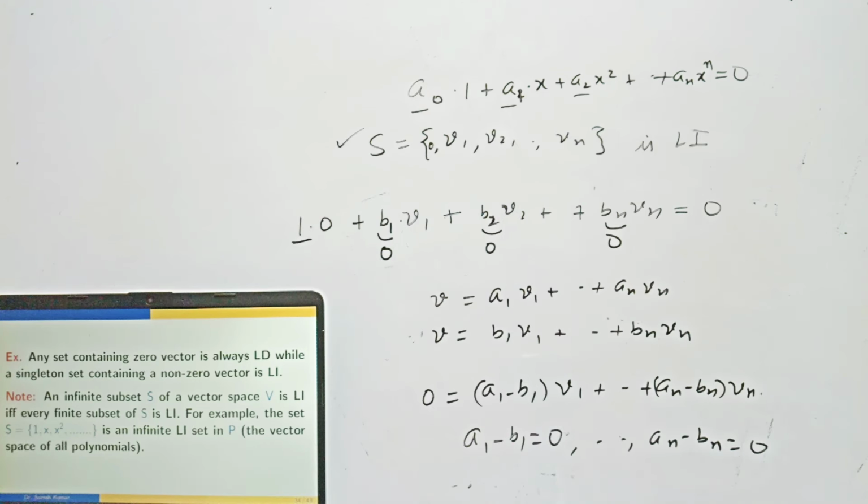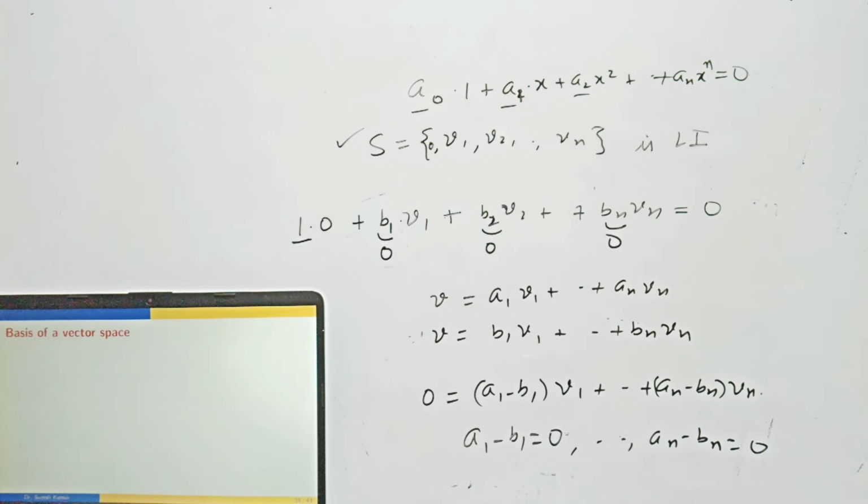So every finite subset of S in this case is linearly independent. So this is an infinite set, but it is independent because every finite subset is linearly independent. So this is the definition of an infinite linearly independent set.